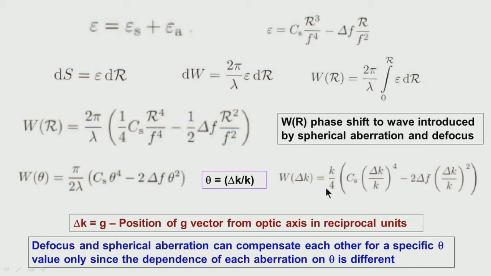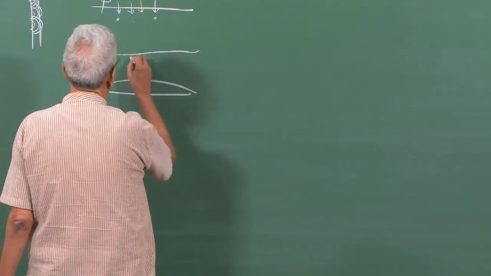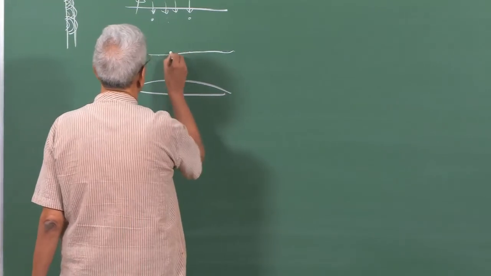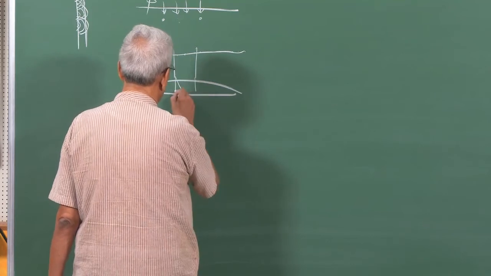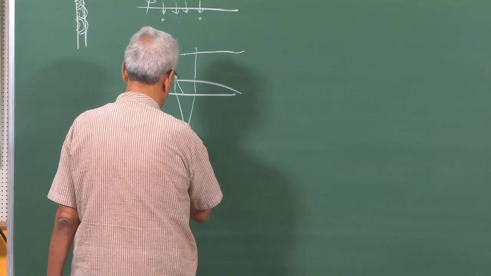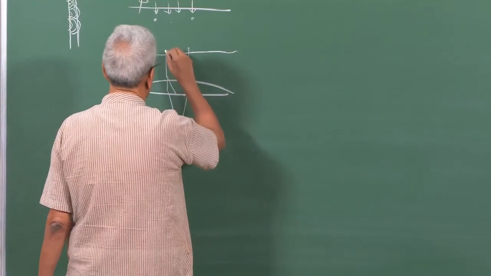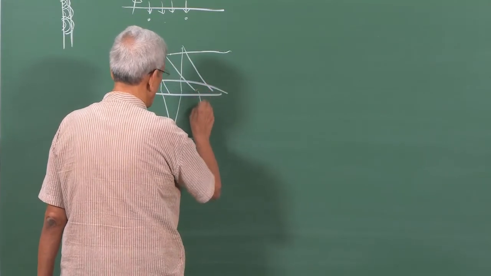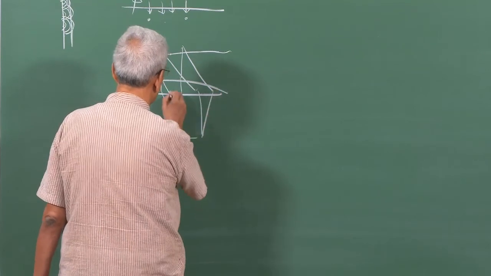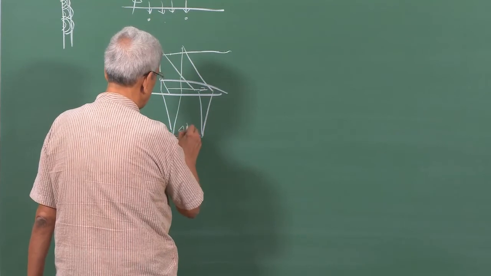Essentially, if we have a lens, the rays coming parallel to the optic axis are all focused at this point on the optic axis. The rays far away from the optic axis all come like this, and they are all focused to a particular point. With respect to a lens, this distance is delta k equals g.